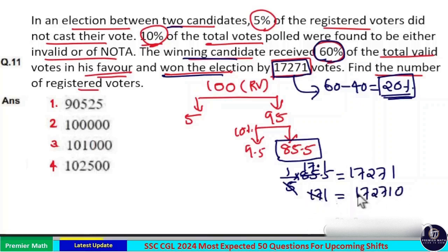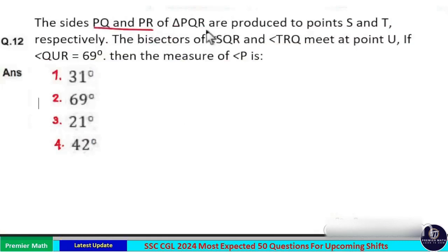Now 171 goes 1 time in 172, remaining 171 goes 1 time in 171, remaining 0. So 1 part is equal to 1010, means here total registered votes is equal to 100 parts. So 100 parts is equal to 1010 into 100. 1,01,000 is your answer. So option 3 is the answer.